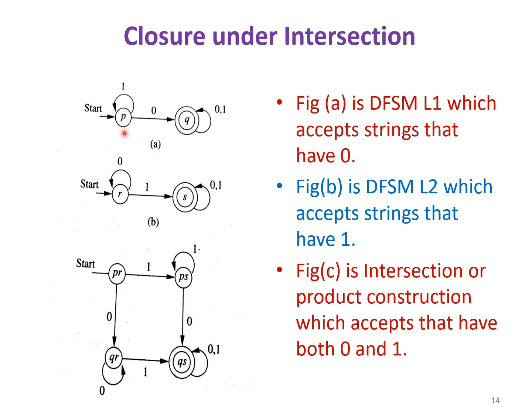So in figure A, the states are P, Q, in B R, S, then the intersection DFSM has 4 possible states: PR, PS, QR and QS, where the initial state is PR and the final state is QS.